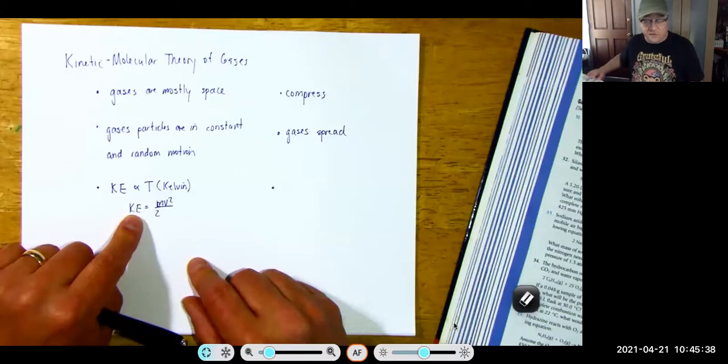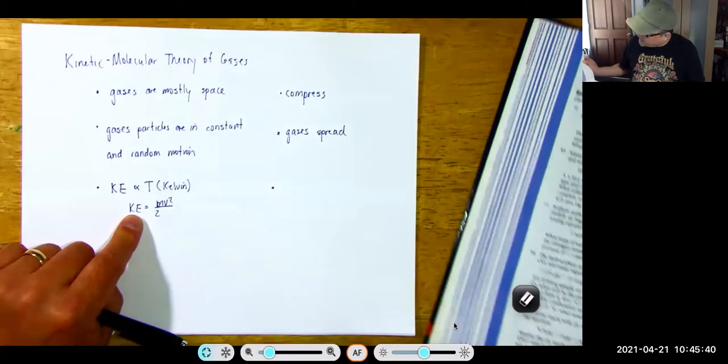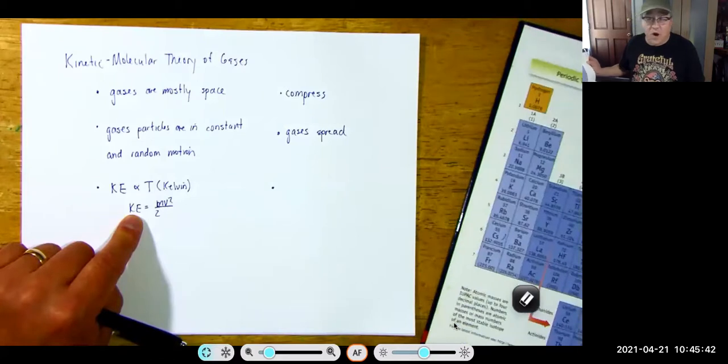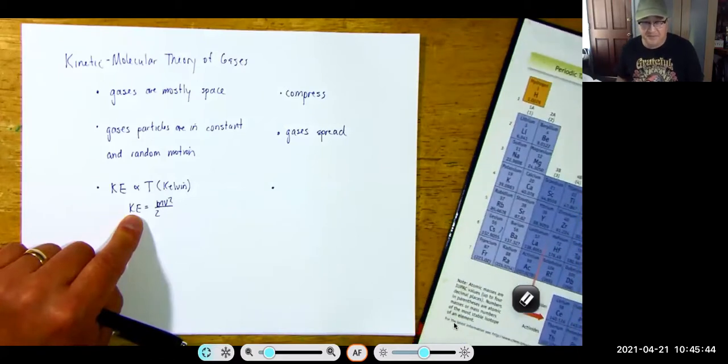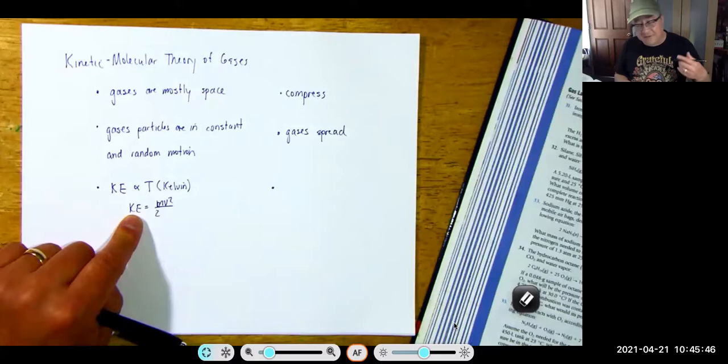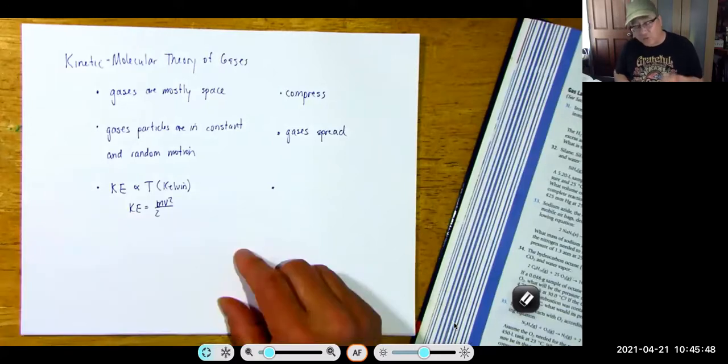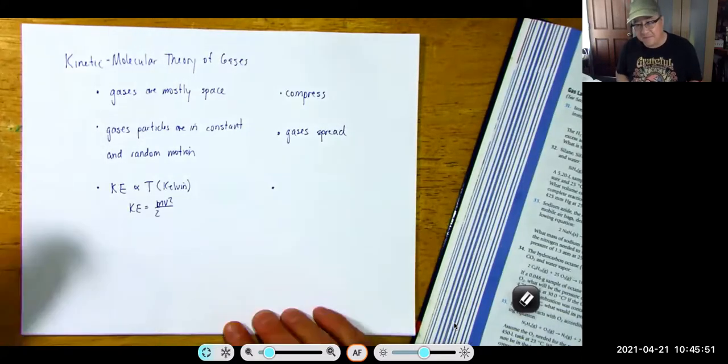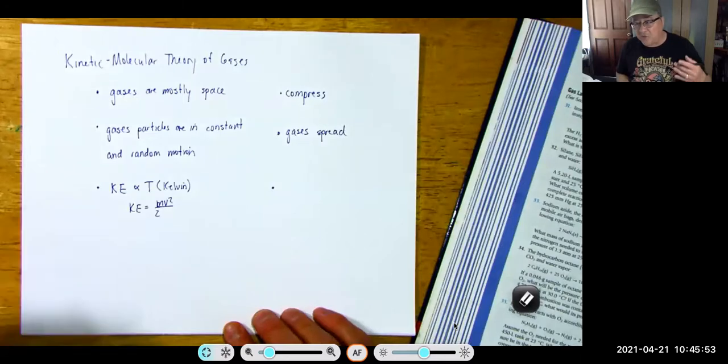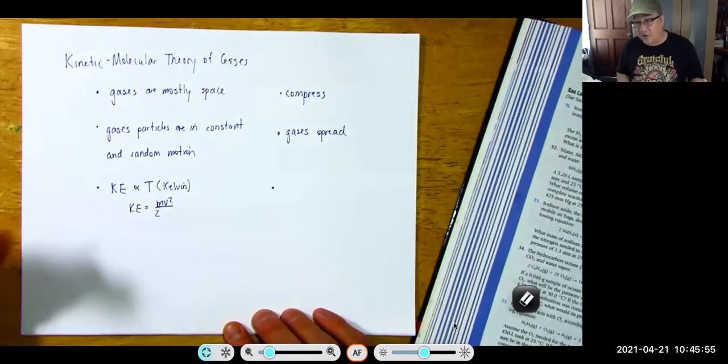Yeah. Helium is 4, xenon is 131. How can 1 mole of xenon have the same kinetic energy as 1 mole of helium when the helium atoms are 4 and the xenons are 131?